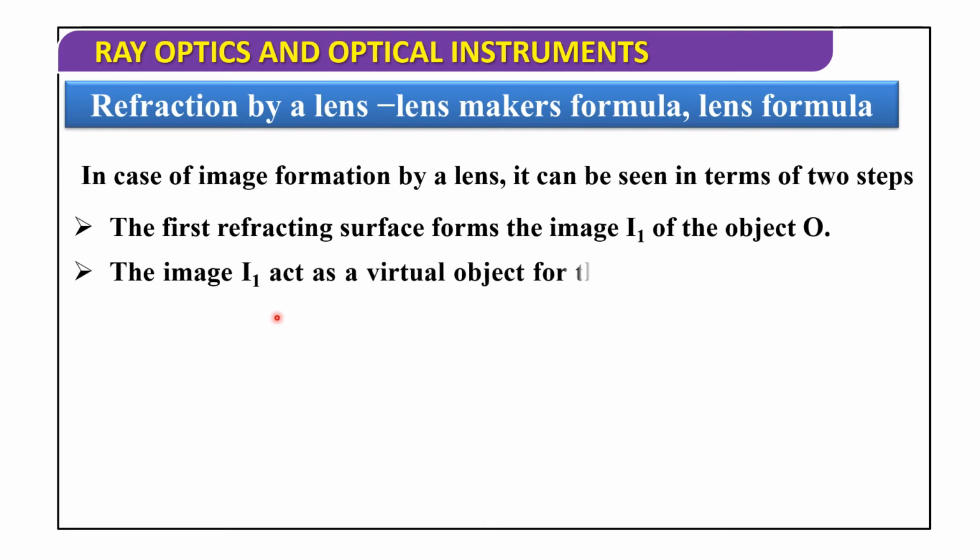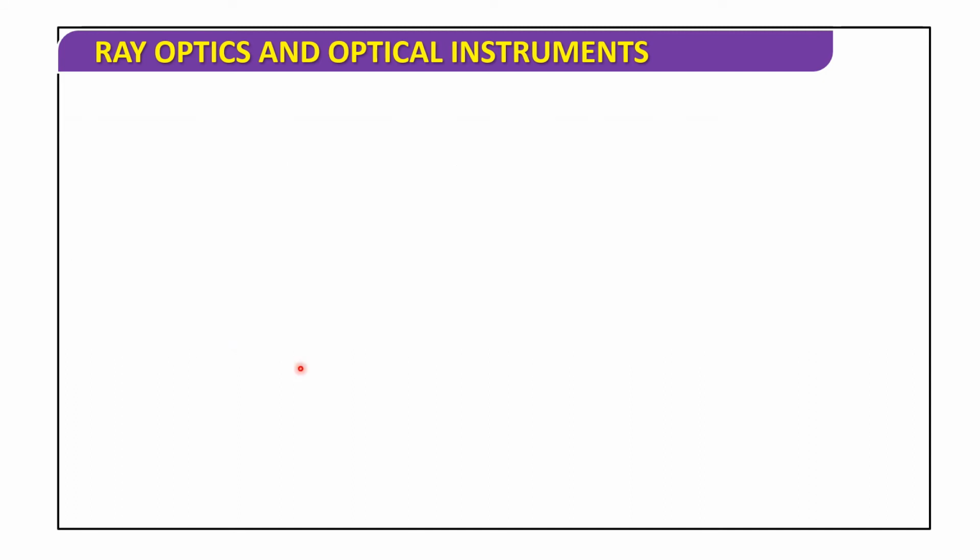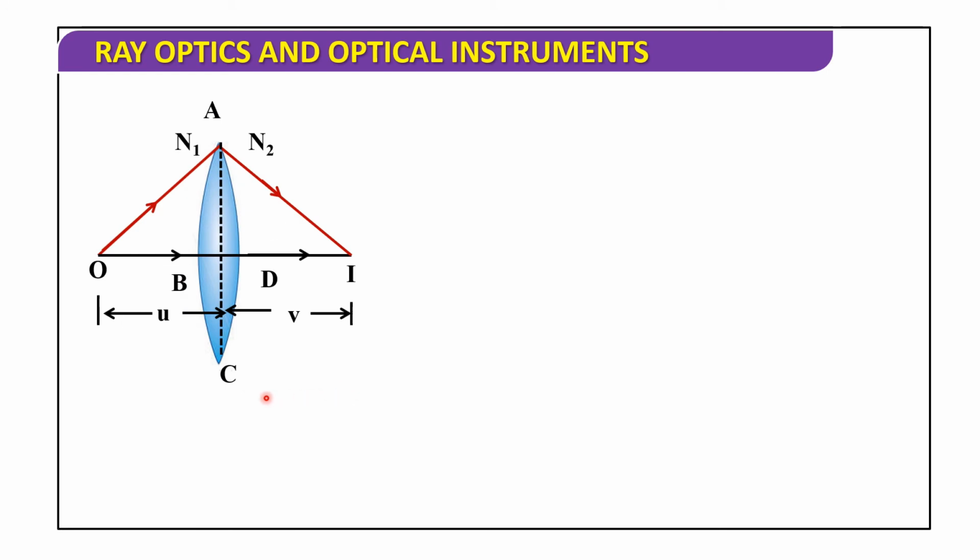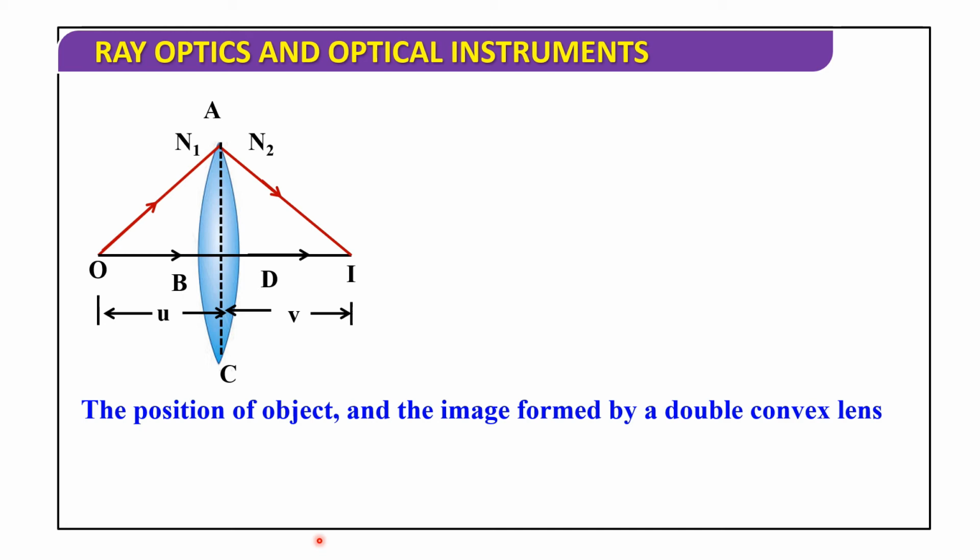The image I1 acts as a virtual object for the second surface that forms the image at I. See here, taking a convex lens, the position of the object and the image formed by a double convex lens. This is the object place, and here is the image place. U is nothing but the object distance and V is nothing but the image distance.